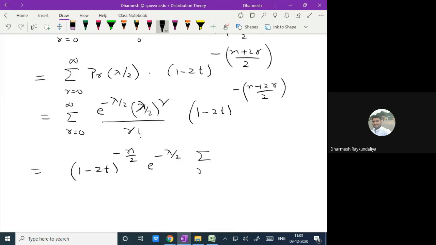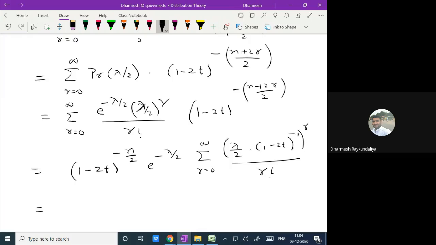It is a summation r equal to 0 to infinity of lambda by 2, and here it is a (1 - 2t), and 2 to cancel out, so it is a minus r. It is (1 - 2t) raised to minus 1, and all in brackets, because (lambda by 2) raised to r, and (1 - 2t) raised to minus 1 raised to r, upon r factorial.